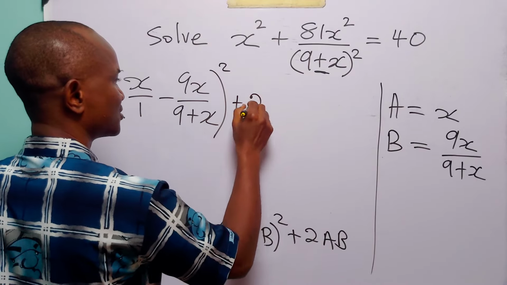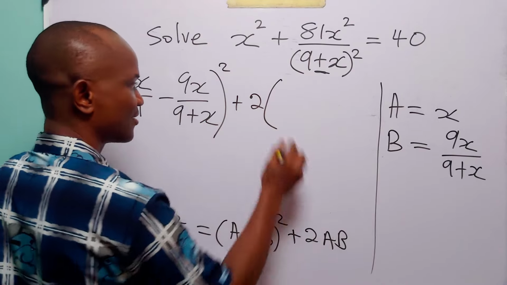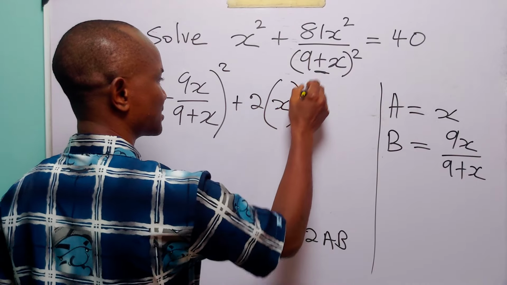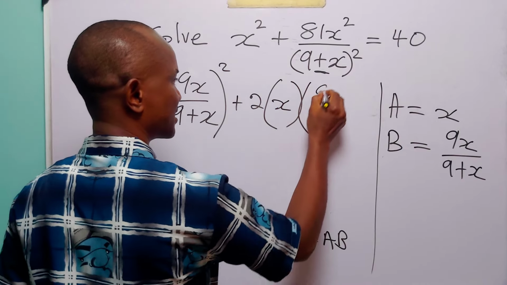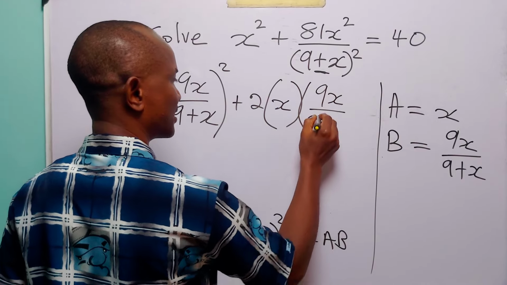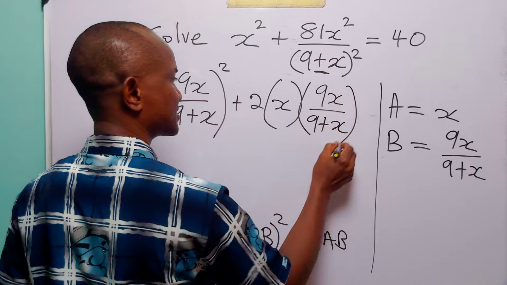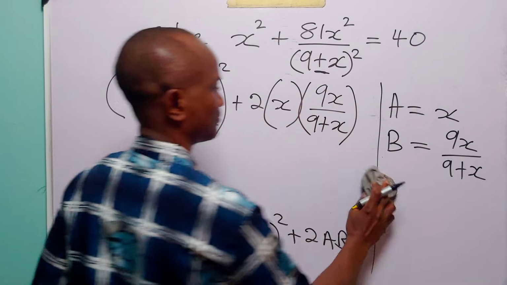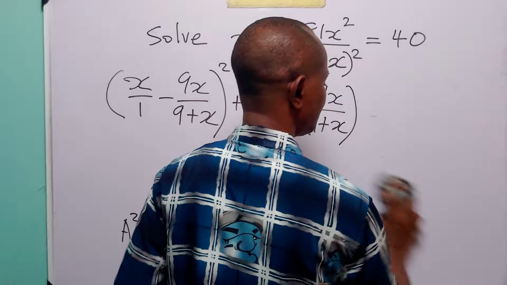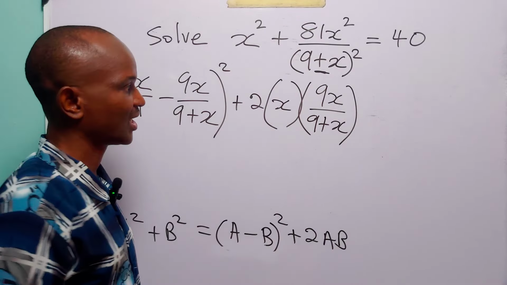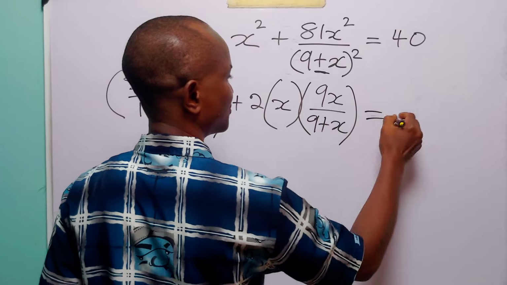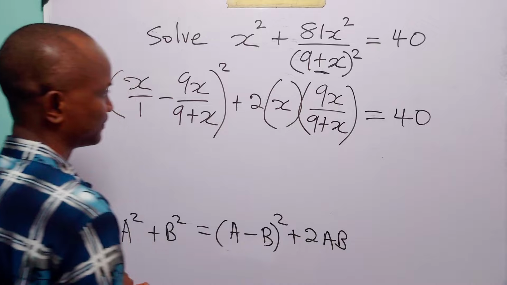Then plus 2 times a, which is x, multiplied by b, which is 9x over 9 plus x. And this is equal to 40.